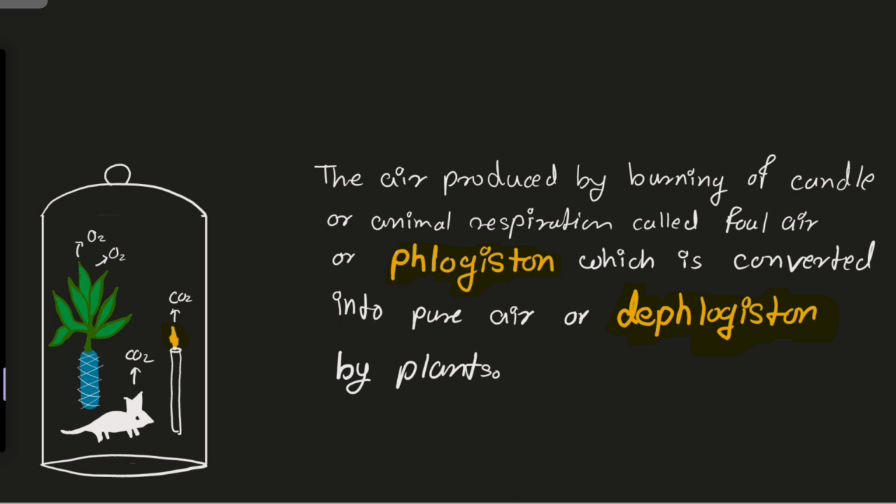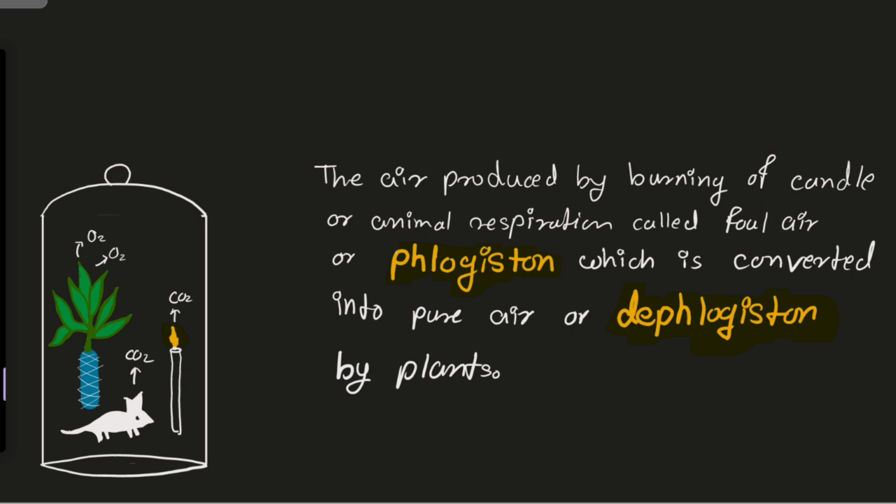Today we know that the mint plant released oxygen as a byproduct, and the mouse and candle released CO2 by respiration and burning. But in 1770, Priestley didn't know which gas is released.